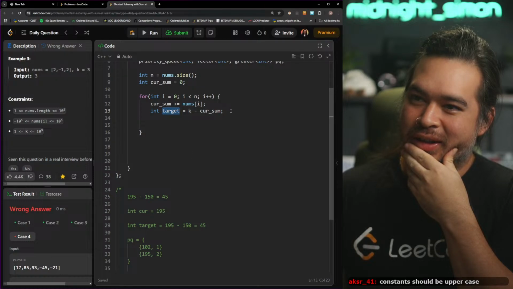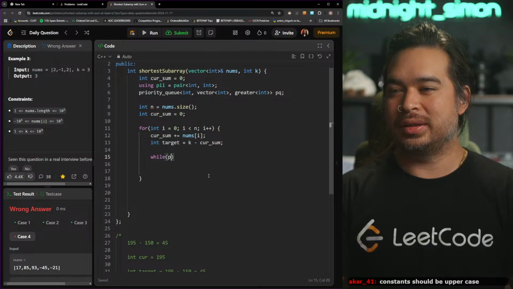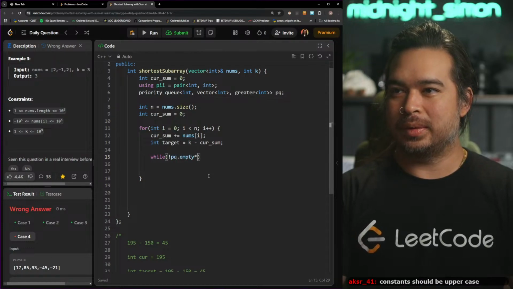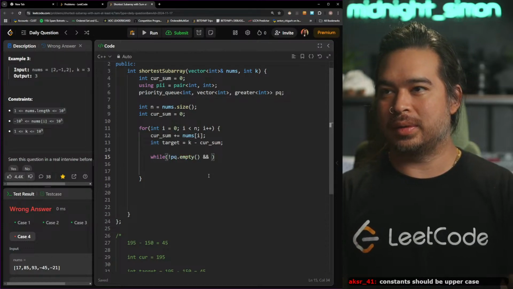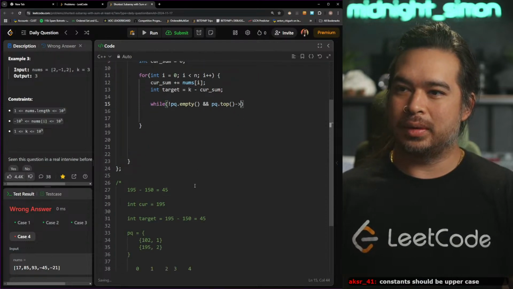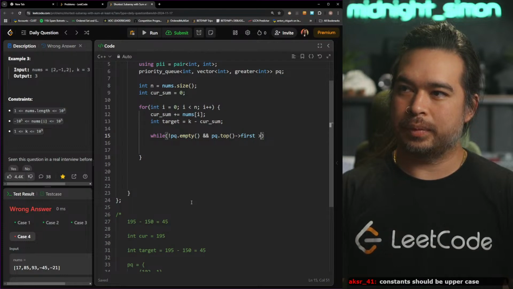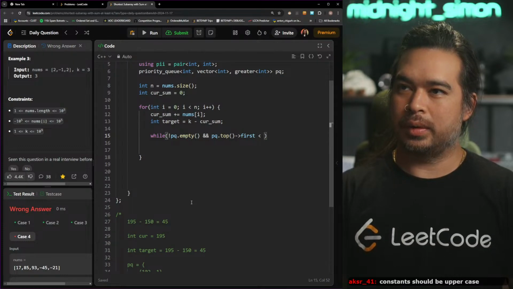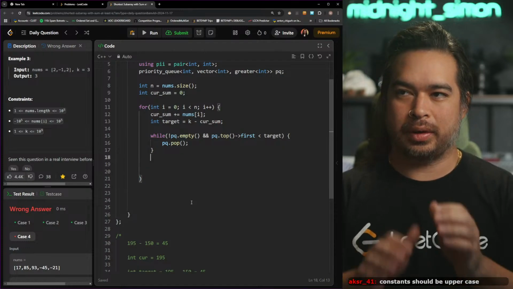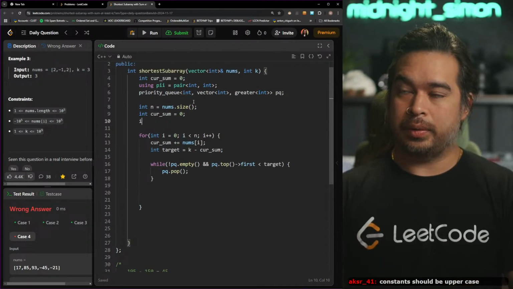The target, the priority queue, pq.pop, and then what?